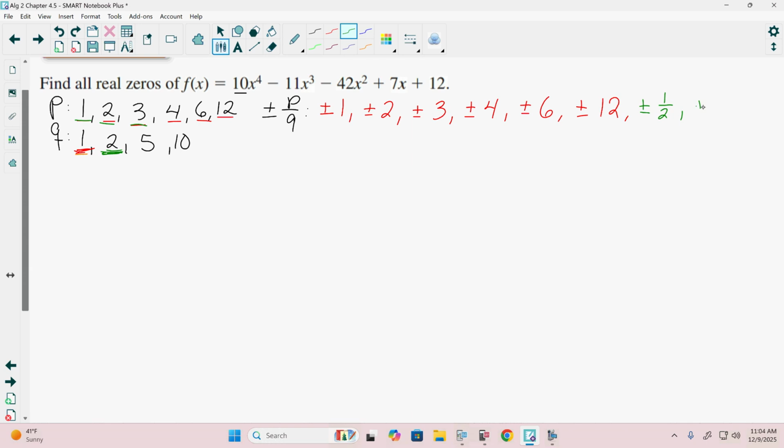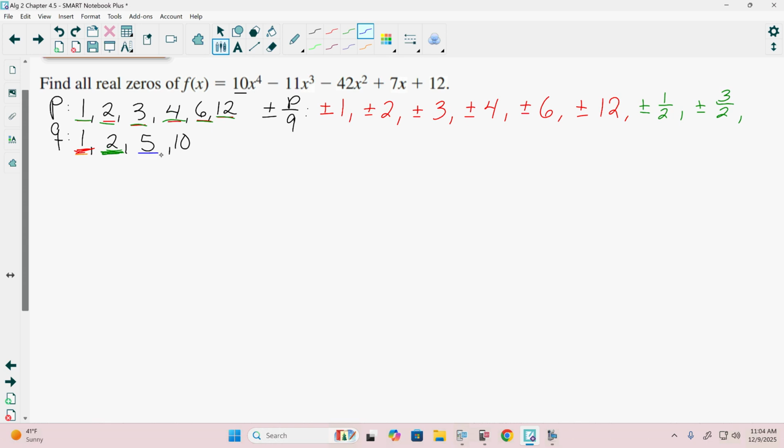Next one we have is 3 over 2. 3 over 2 doesn't reduce, it's just 3/2. From there we have 4 over 2. Well, what's 4 divided by 2? 2. Is it listed? Okay, we're not going to list it again. Next one, 6 over 2. 3. That's already there. And lastly, 12 over 2 is already listed. So all we really added with 2 was 3/2 and 1/2.